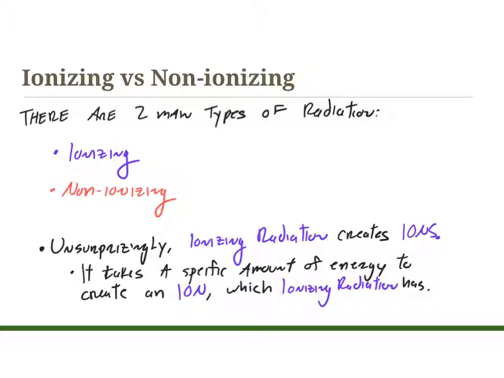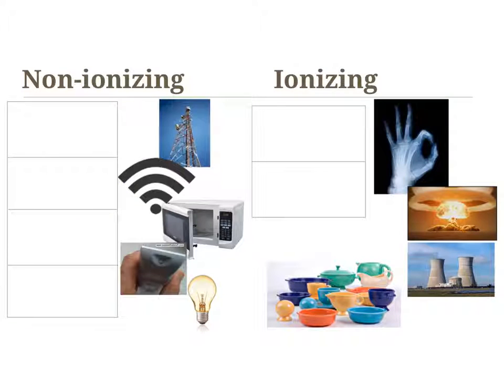And this is important to understand because a lot of things have energy, but in order to create an ion from one specific atom, you need to have an incredible amount of energy. So we're going to talk about the differences between non-ionizing and ionizing radiation for a few minutes here.